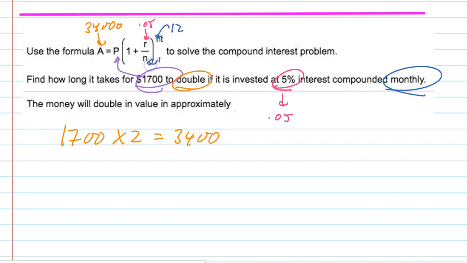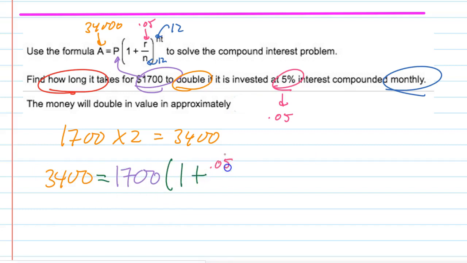And we need to figure out the time. I knew that was my question because it said, how long does it take? So my variable is going to be t for time. Now we set up the problem and then start solving it.